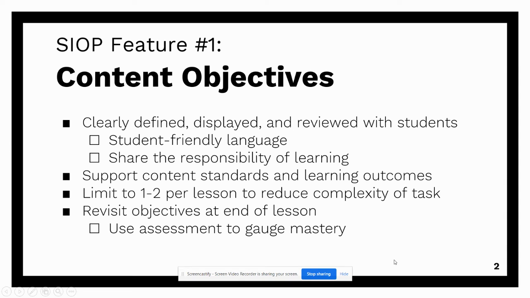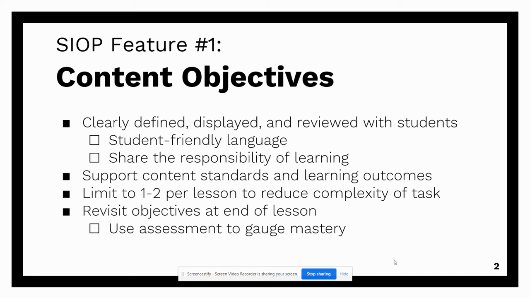So we want to make sure that all of these objectives are still supporting the content standards that we need to address within our courses and also the learning outcomes that are expected. So whether there are specific assessments or assignments that need to be completed, that we're still moving towards all of that in this process.